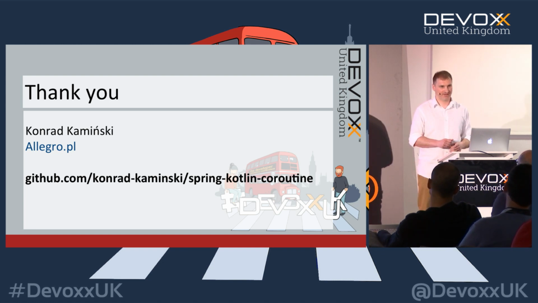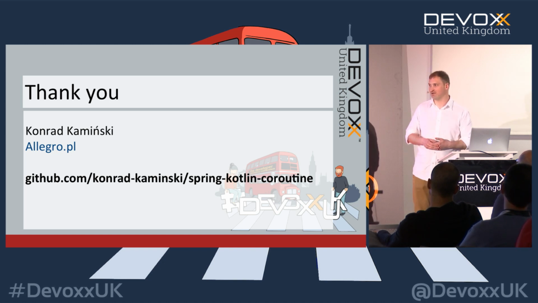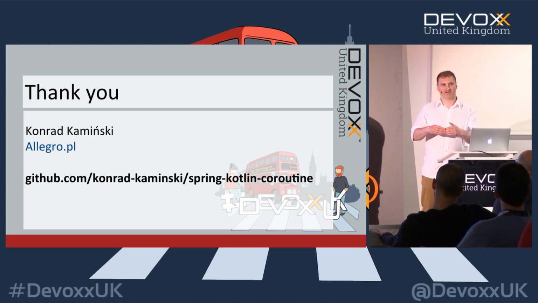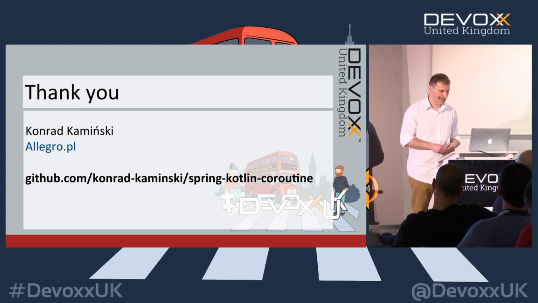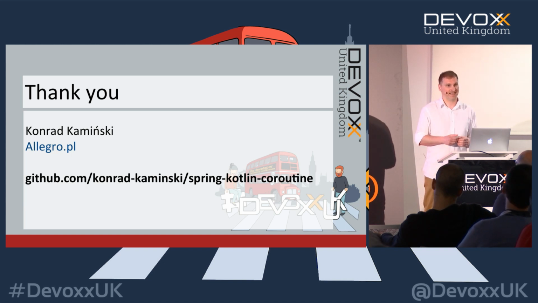Right. So the question was, because in the Spring Framework, in the 5th version, there is Webflux, which is essentially a way to write web applications with reactive types. And the question is, can we somehow mix those two approaches? And the answer is yes.